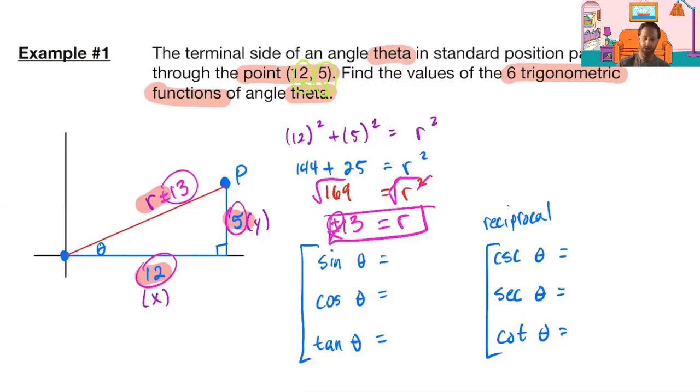So sine theta, we said, was y over r, and we said that y was 5, and we had to find r. So that's 5 over 13. I also know cosecant is the flipped ratio, or reciprocal. Now, one way a lot of people get cosecant and secant messed up: they think cosecant goes with cosine and secant with sine.